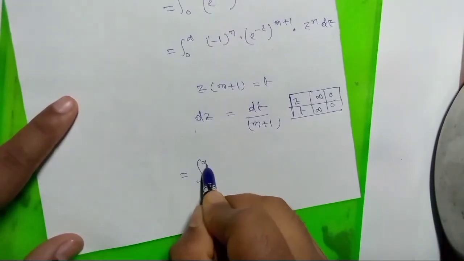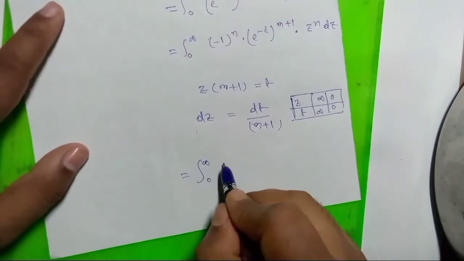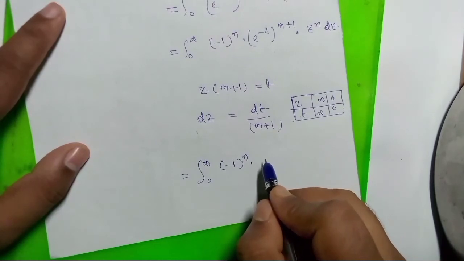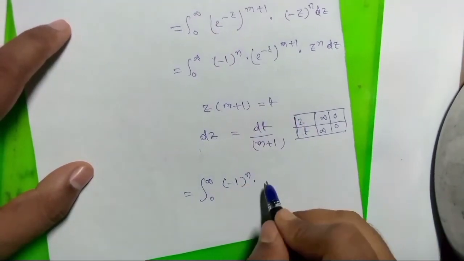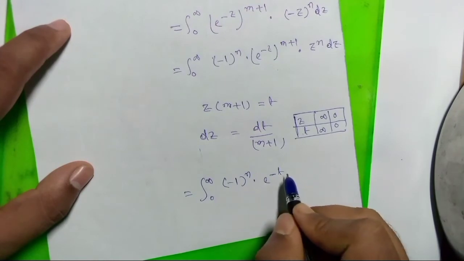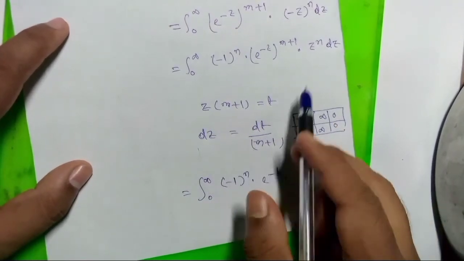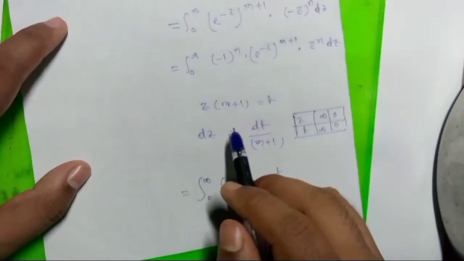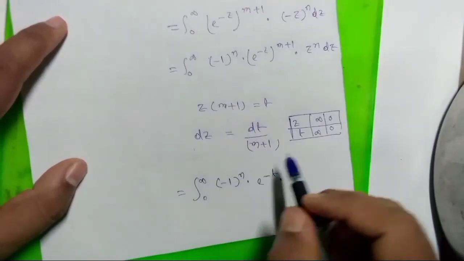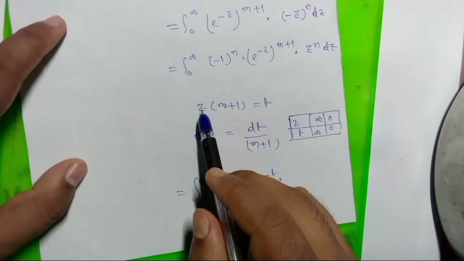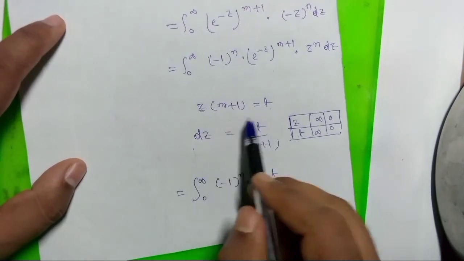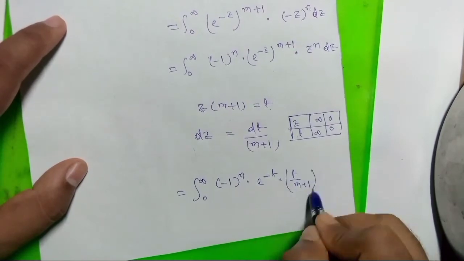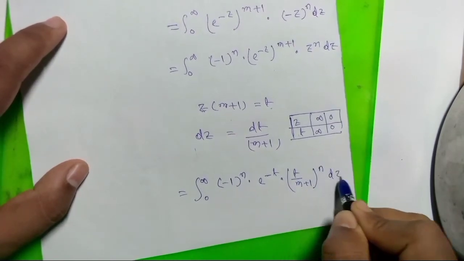So we have (minus 1) to the power n, and this will be e to the power minus t. If we change the variable z to t, we can put z equal to t by (m plus 1), so (t divided by (m plus 1)) to the power n.